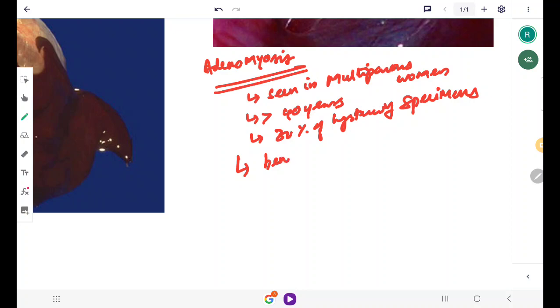So this is, as I told you, a benign disease which is characterized by the occurrence of endometrial tissue within myometrium.